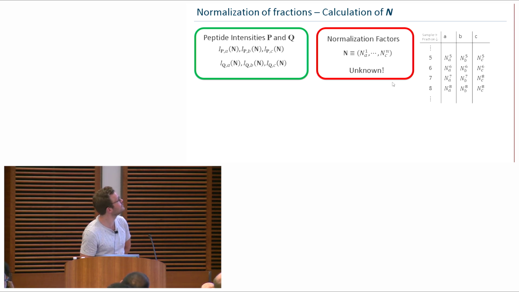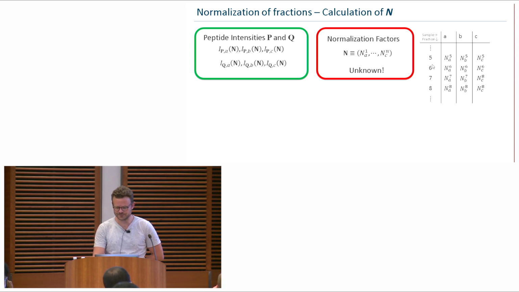So we know how to calculate these peptide intensities, but they all depend on these normalization factors n, which is like a set or a matrix, however you want to call this.